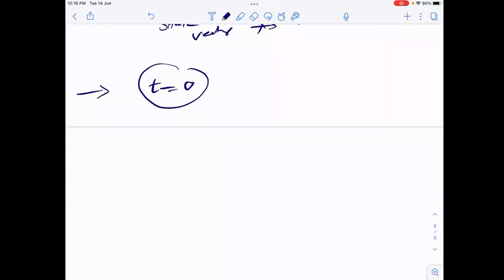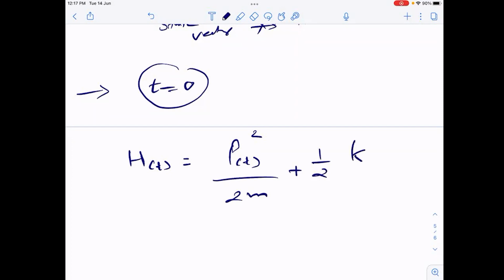Now, with that in mind, that the Heisenberg state vector coincides with the Schrodinger state vector at time t equal to t0, let's write the Hamiltonian. Here the Hamiltonian will be time dependent, right? How do we write it? The Hamiltonian is kinetic energy plus potential energy. That means P, a function of t, squared by 2m, plus half K. Now, K will not be time dependent; it will be X, which will be time dependent.